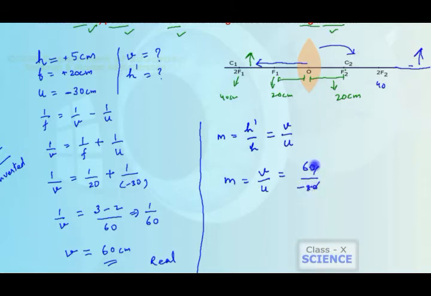By solving this, we will get minus 2. So, here it shows that the magnification is minus 2. Here minus indicates that the image is formed below the principal axis. We have found another nature of the image, that is the image so obtained is inverted. Now, still height we need to find out, right.